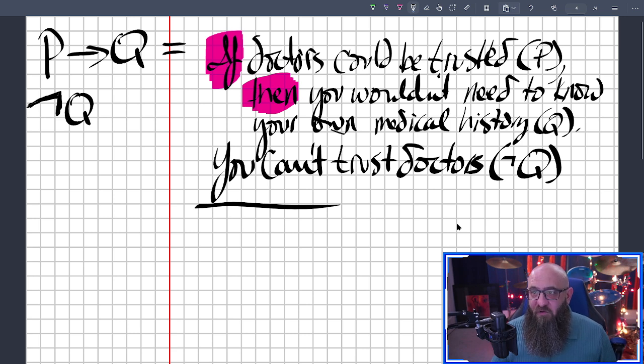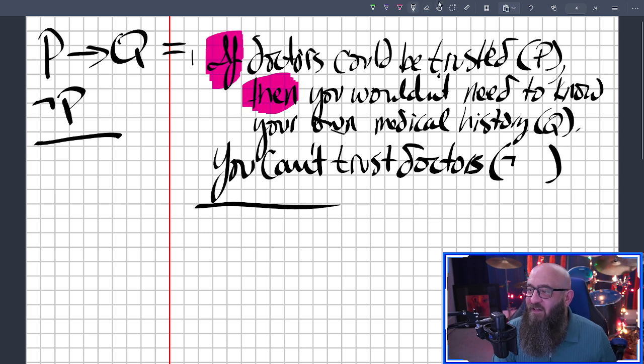Now, if those are true, then what might this suggest? Therefore, if you can't trust doctors, oh, I'm sorry. I made a little bit of a mistake here. I wasn't paying attention. This happens. I was looking at Q here. Not P. Not the case that P. My apologies. It does happen. I was going to do Q again. Not the case that P. But you can't trust doctors.